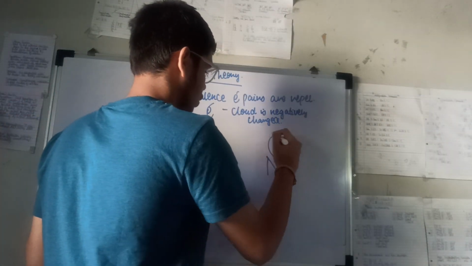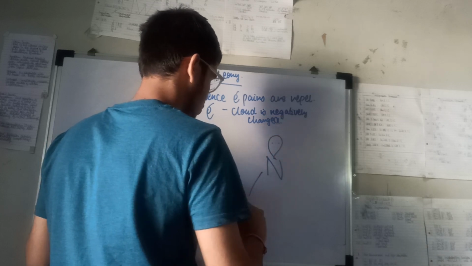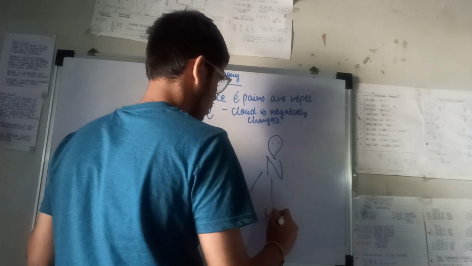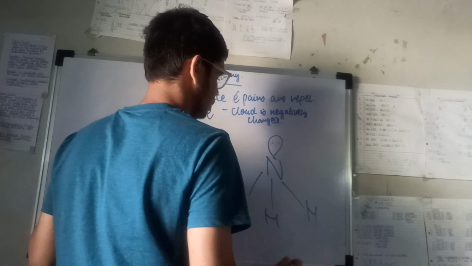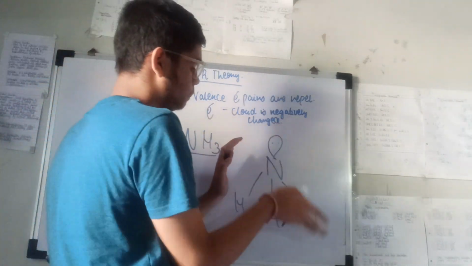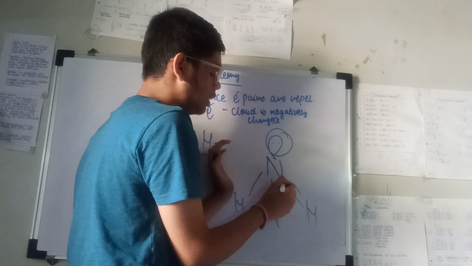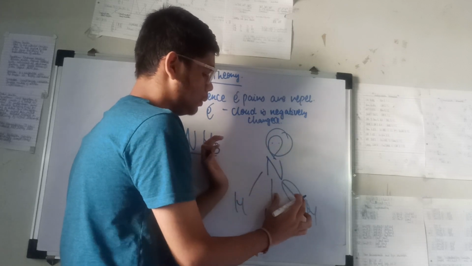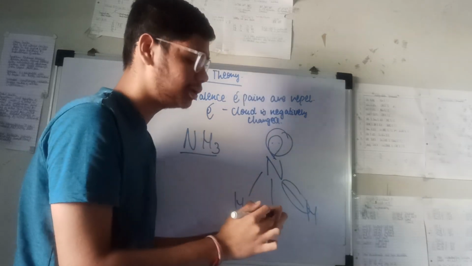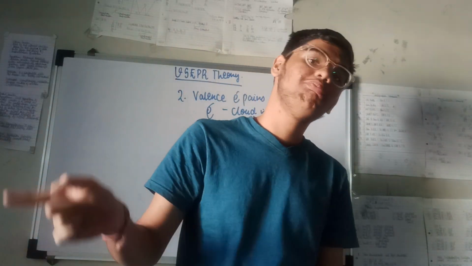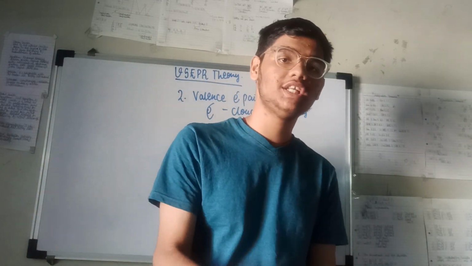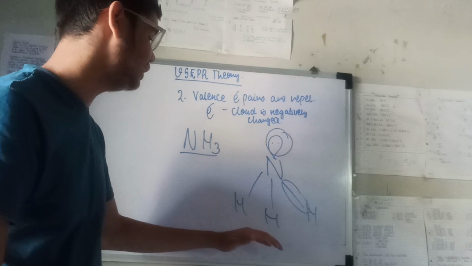NH3: one lone pair here, three bond pairs. So this is the repulsion: lone pair bond pair repulsion, bond pair repulsion, so that they can be maximally stable and have less energy.